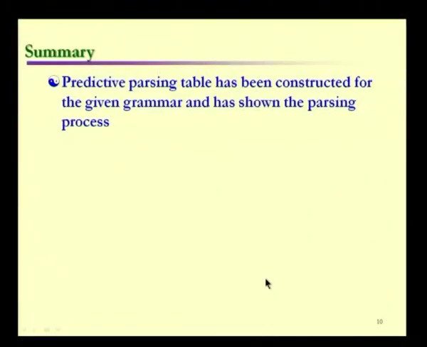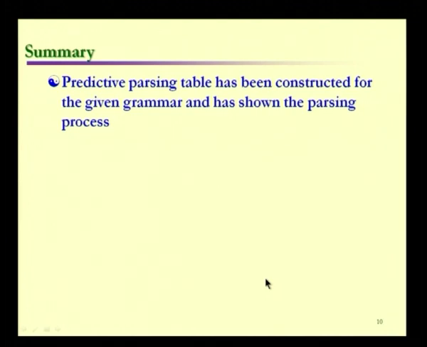So this was the parsing. Here we have seen only the stack implementation, but equivalently we will have a parse tree, which will be the output. If all branches have been converted into leaf nodes, then we can say that the parsing has been successfully completed. So that is about the predictive parsing table construction.